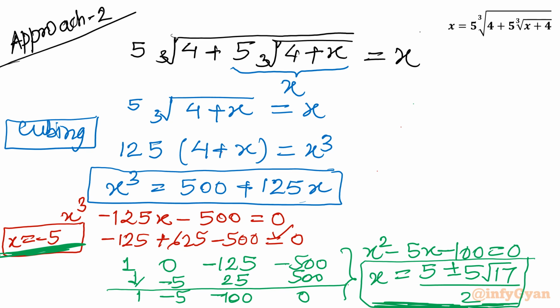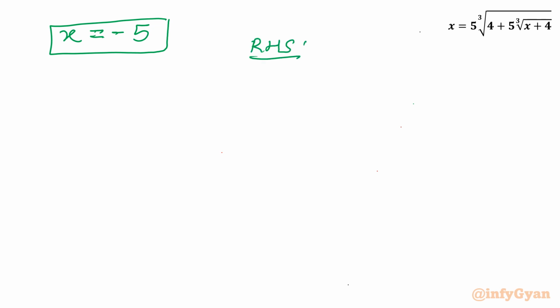Let's verify the first root. So I will consider x is equal to minus 5. Let us verify. So I will write RHS: 5 times cube root of 4 plus 5 times cube root of minus 5 plus 4, so minus 1.